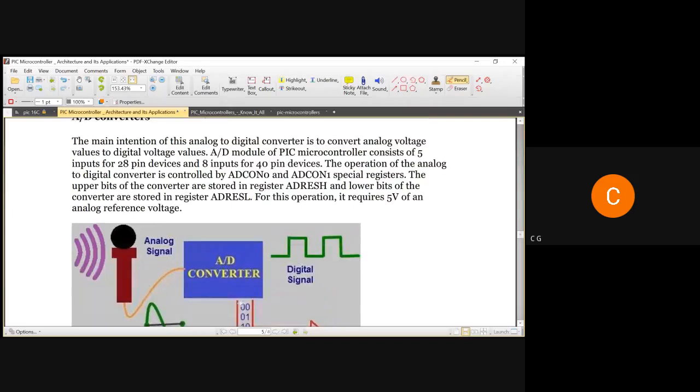So when we talk about an 8-bit microcontroller or microprocessor, we have an enable bit, then the 8-bit data, and then a disable bit. That depends on the active low or active high signal. When it is an active high signal, this one will go and activate the particular device.